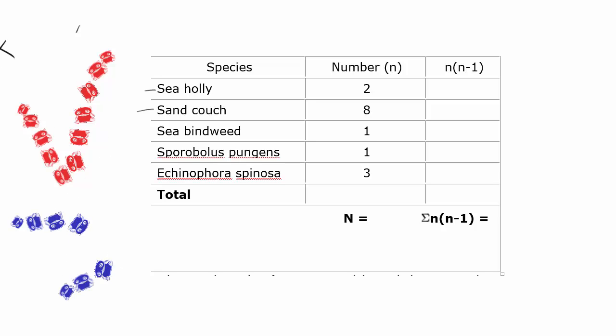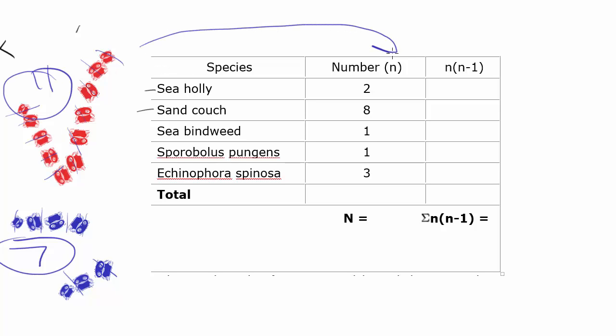In your data table, for our actual investigation, when you're counting these, you might say, I have 1, 2, 3, 4, 5, 6, 7, 8, 9, 10, 11 little red koala bears, and I have 1, 2, 3, 4, 5, 6, 7 little blue koala bears. Those will be the numbers of little n that go in your data table.